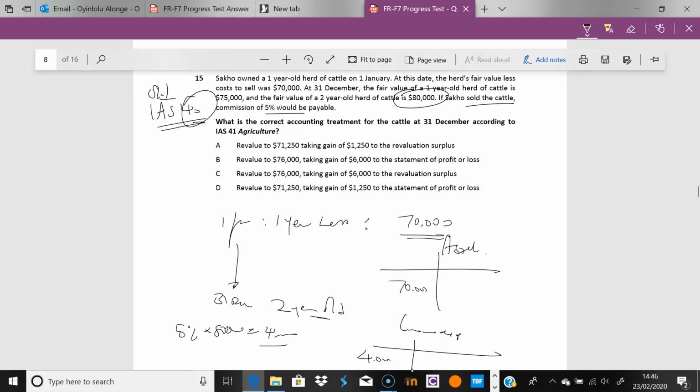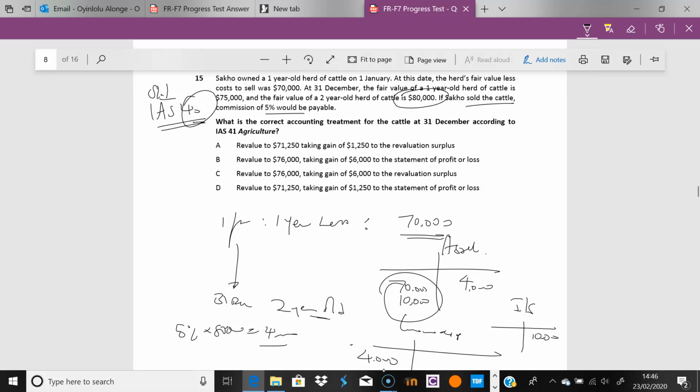You are revaluing this, and it's going straight to the income statement. So we recognize all our profits and losses straight away. It's now worth 80,000, so that's 10,000 going to my income statement, and the expense of 4,000 coming off that asset.